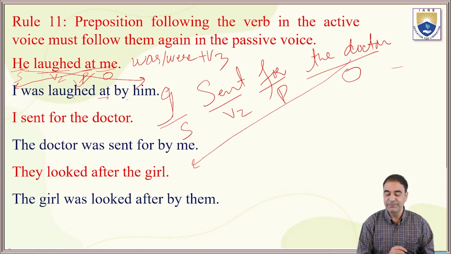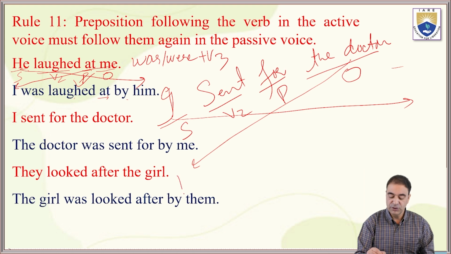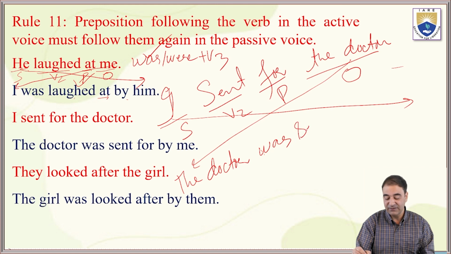Object will come at the position of subject, and subject at the position of object. Therefore, "the doctor." The doctor is singular, so with doctor we use "was." The doctor was sent, since "sent" is again the third form. Now we have the preposition "for." Don't drop this preposition. The preposition will follow the verb in the passive voice: "The doctor was sent for by me."